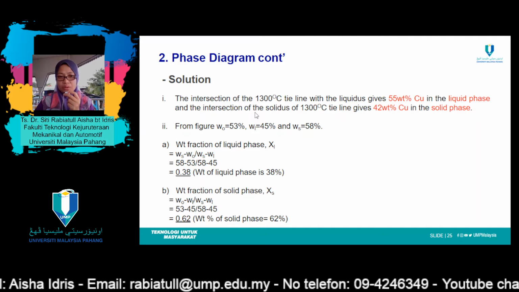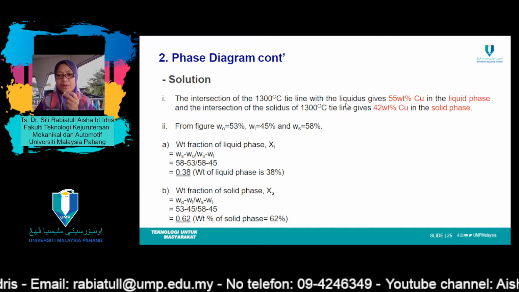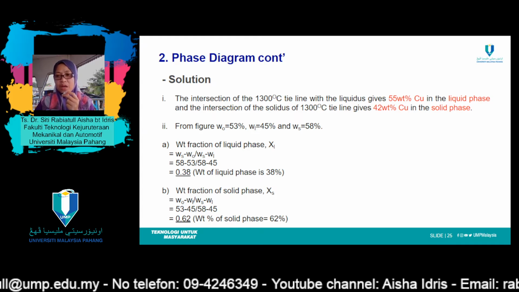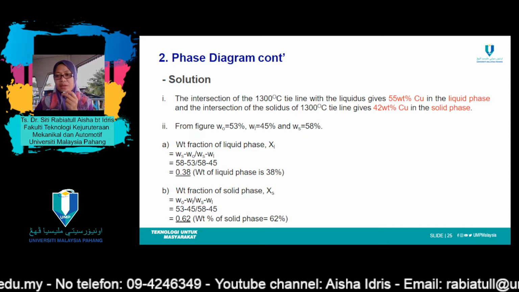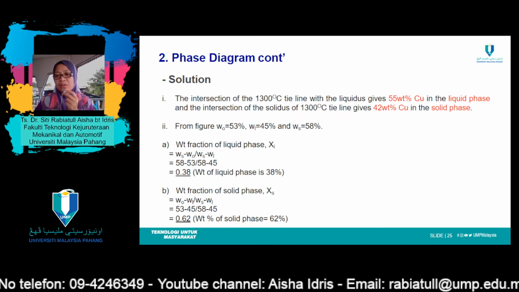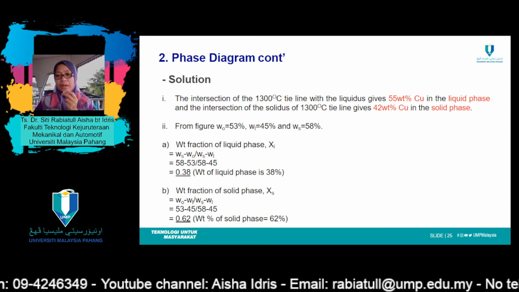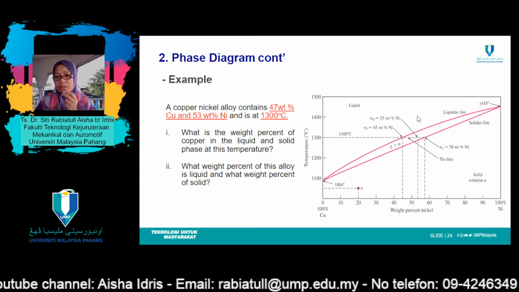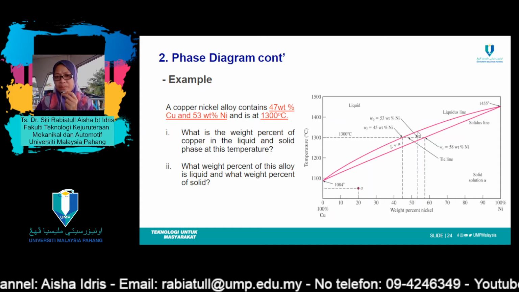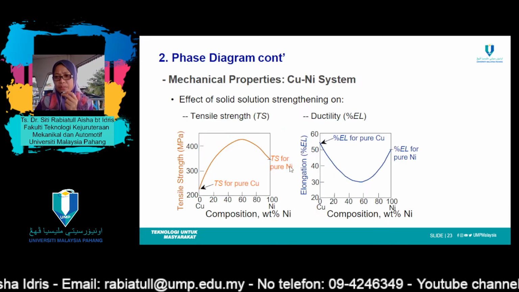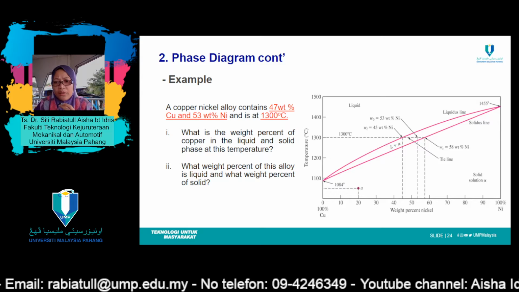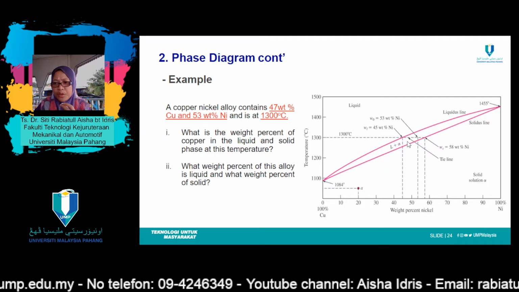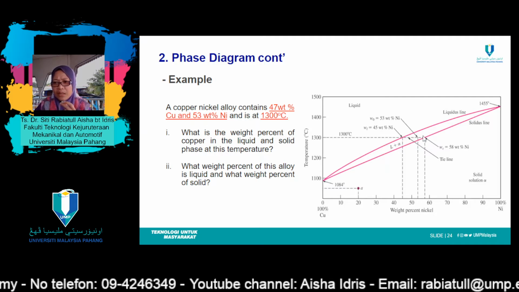The intersection of the 1300 degrees C tie line with the liquidus gives 55 weight percentage of copper in the liquid phase, and the intersection with the solidus gives 42 weight percentage copper in the solid phase. We know C naught, so you need to draw a line touching the liquidus and solidus lines.